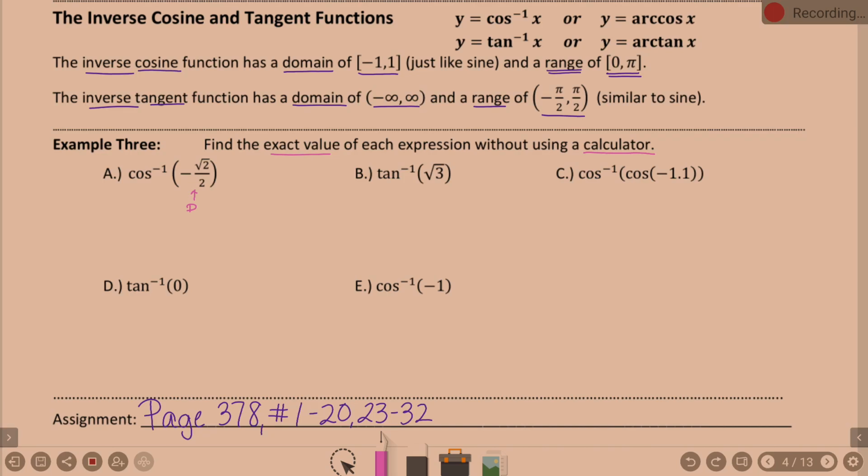So we're asking ourselves, at what angle does cosine equal negative square root of 2 over 2? Here's what I would think first of all. Forget the negative for a moment. When does cosine equal square root of 2 over 2? Check your chart. At what angle is that happening?